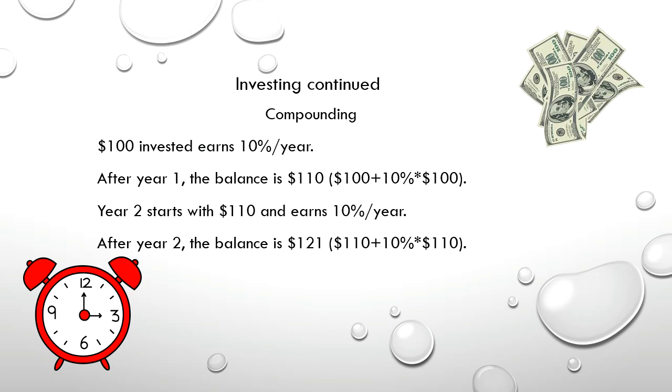So at the start of year two, you would start with $110, again assuming that it earns 10%. Then after year two, your balance would be $121, which would be your $110 plus 10% of your $110.